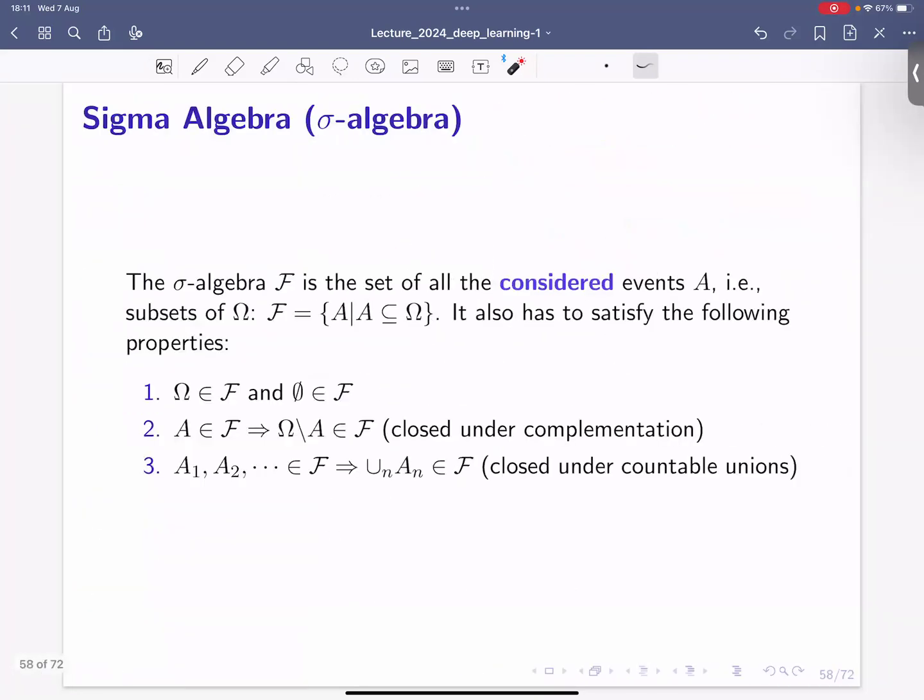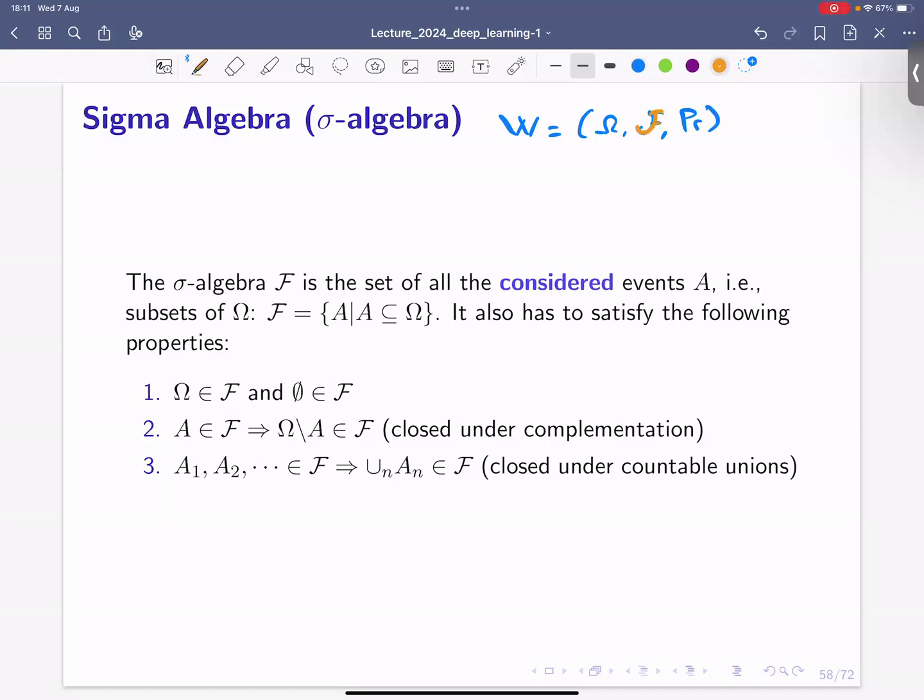So this is the sample space, and once we have defined it, we can define the sigma algebra. Remember, we're looking at the definition of a probability space. We've just defined omega, and F is the next thing we want to define, which is the sigma algebra, and then we will define the probability measure. So what is this sigma algebra?